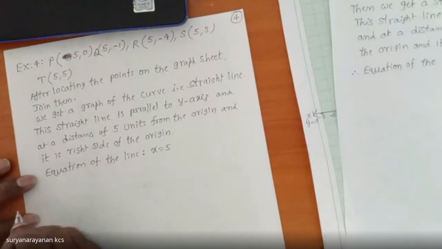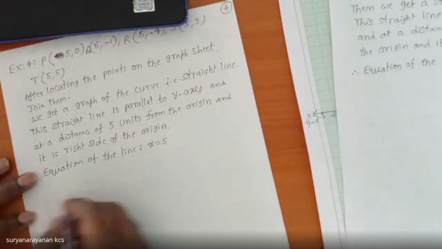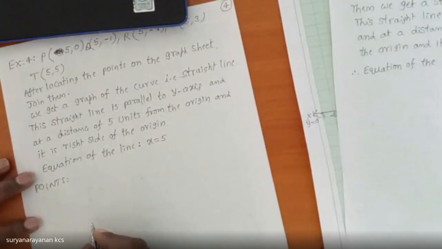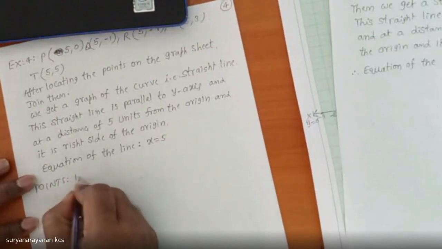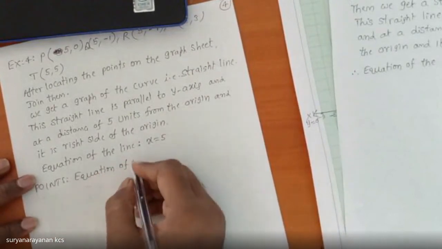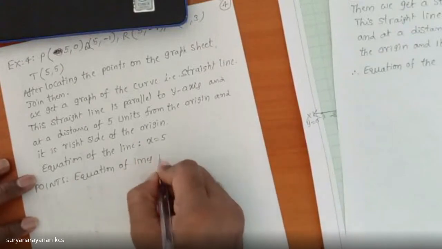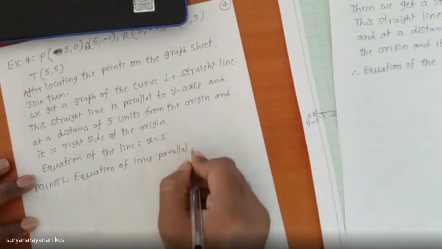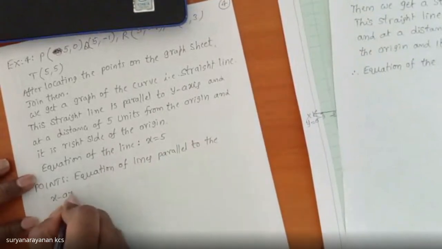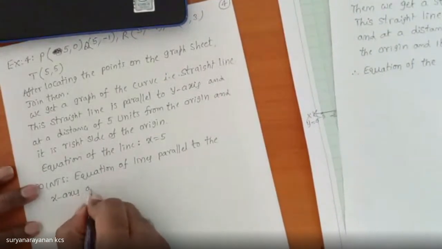So finally, in this exercise, we discussed equations of lines parallel to x-axis and y-axis. These are the points we have discussed. What are the points? Equations of lines parallel to the x-axis and y-axis.